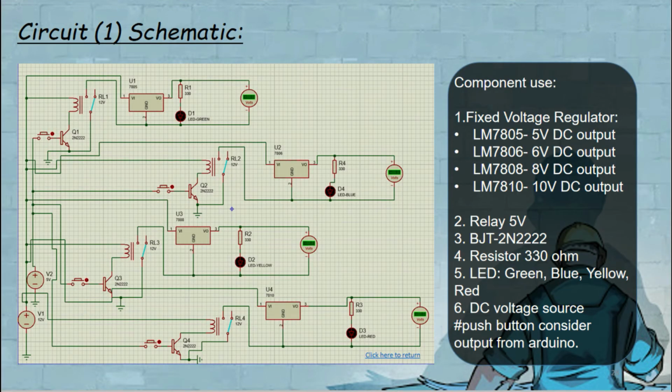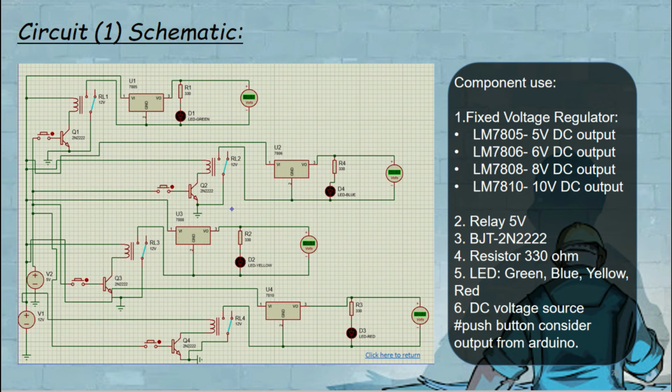So as you can see, this is circuit number 1 that I developed. This circuit contains fixed voltage regulators, where I use LM7805 for 5 volt DC output, LM7806 for 6 volt and the others. Then number 2, I use a 5 volt relay to control the connection to the ground, and then I use BJT 2N2222 for the switching, and then I use a 330 ohm resistor.